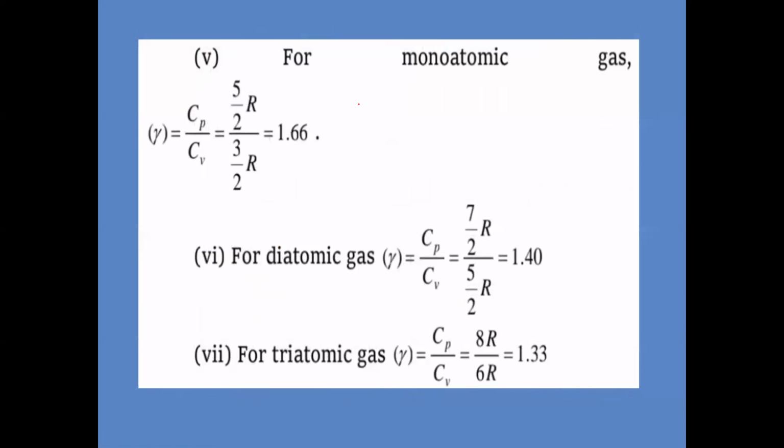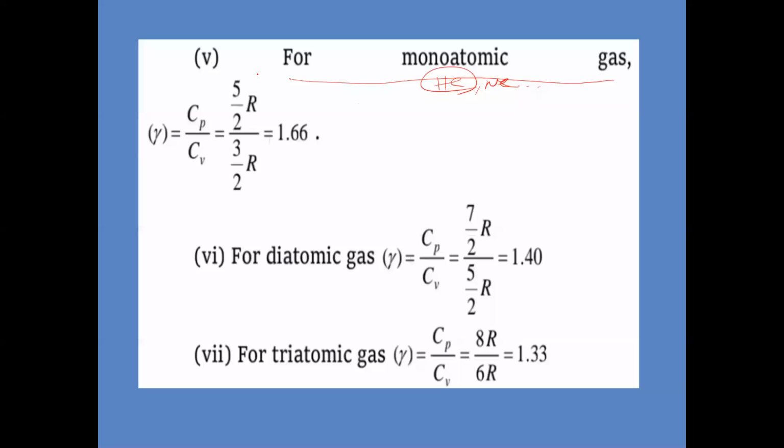Next, for monoatomic gas, again helium, inert gases. For inert gases, gamma, the Poisson's ratio, is equal to CP upon CV, the ratio of CP to CV.